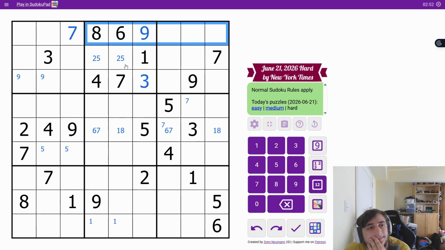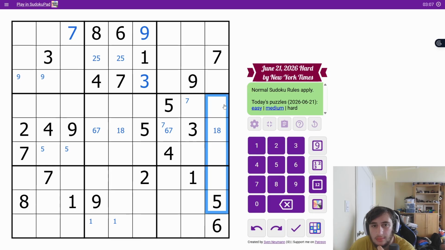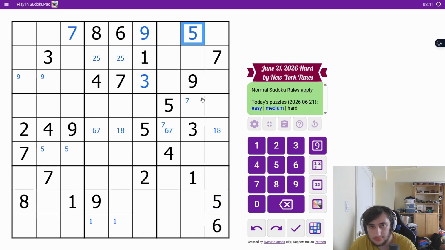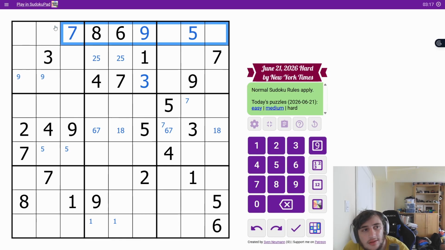Five. So that means this is a 5. So now let's look at this row. Row number 1.